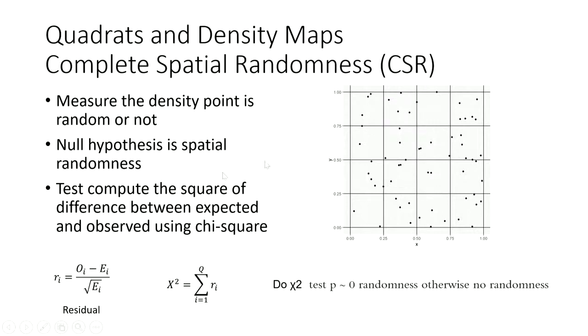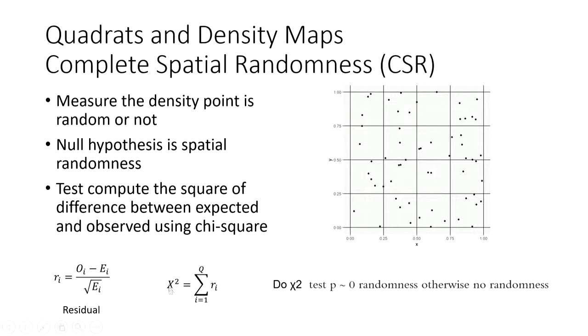Then we do the spatial clustering and compare the number of events which have occurred at specific locations with the observed values, to see whether the two match or not. Based on those deviations we compute the squared deviation values, which is nothing but a chi-square test, and that tells whether the process is random or not.